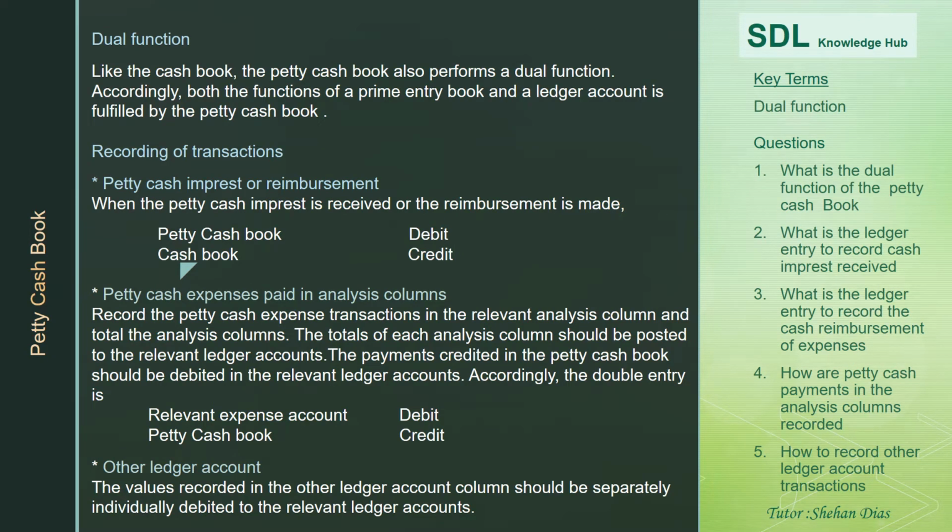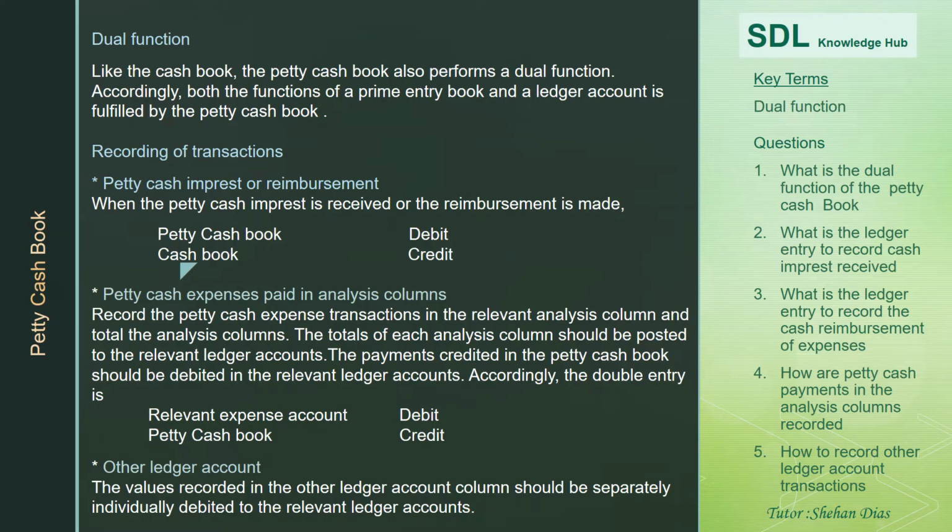Like the cash book, the petty cash book also performs a dual function. That means it functions as a prime entry book and as a ledger account. If you look at the double entry for recording transactions in the petty cash book, for petty cash reimbursement and initial petty cash imprest, cash is given by the main cashier to the petty cashier.